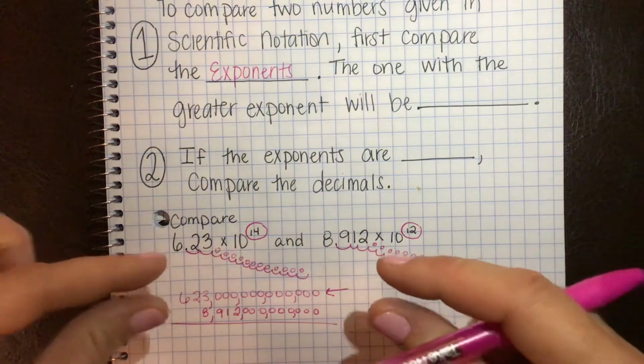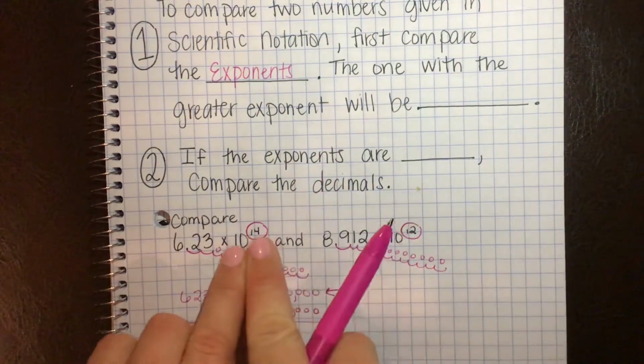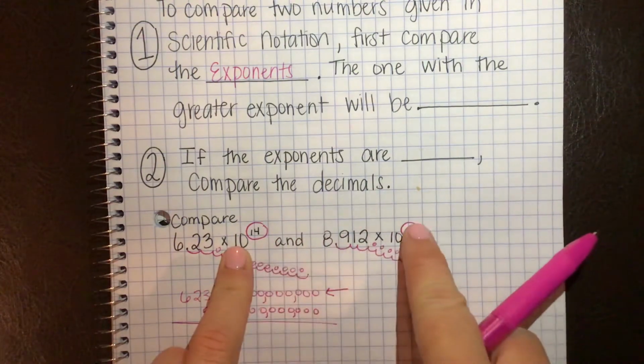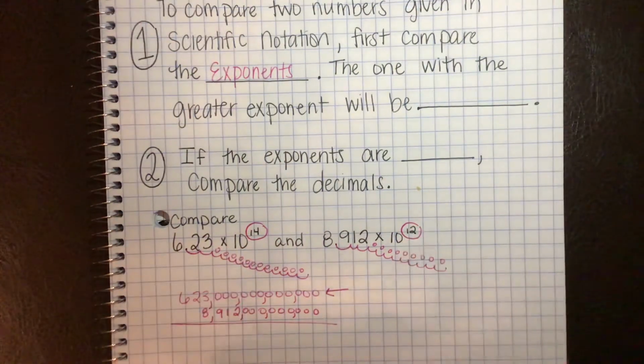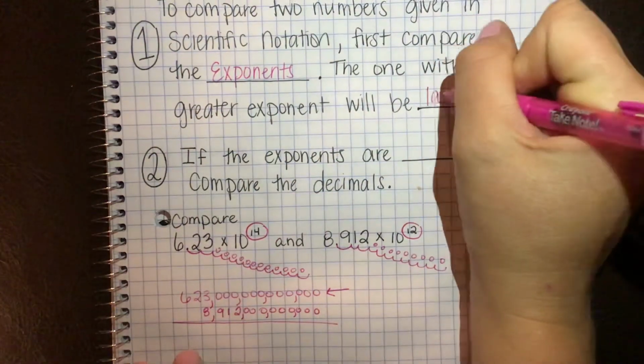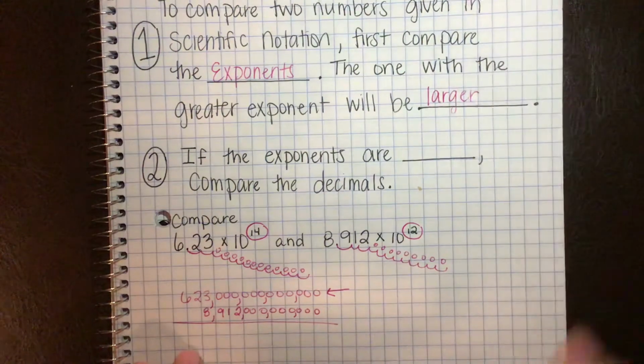Or if you remember, I would be multiplying by 10 fourteen times, and this one would be multiplying by 10 twelve times. So the one with the greater exponent will be larger.